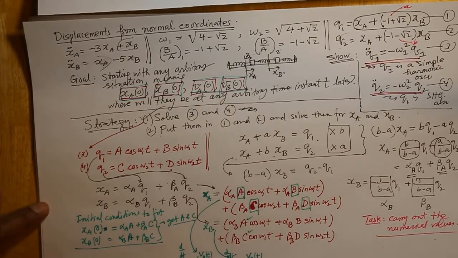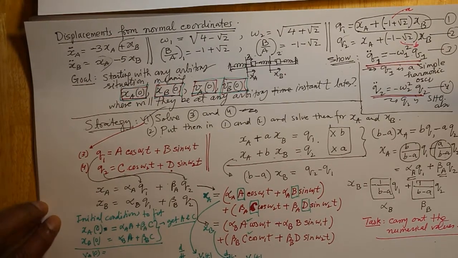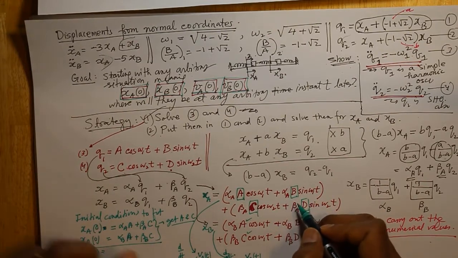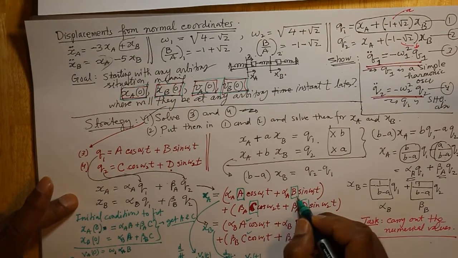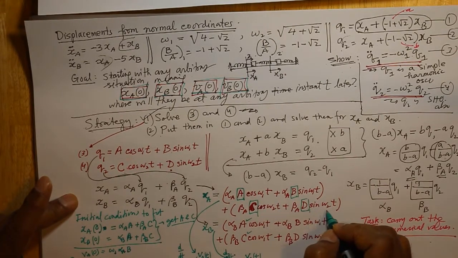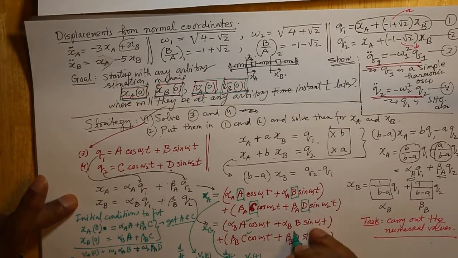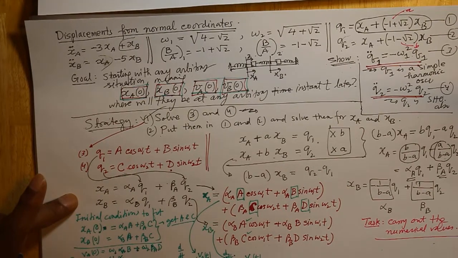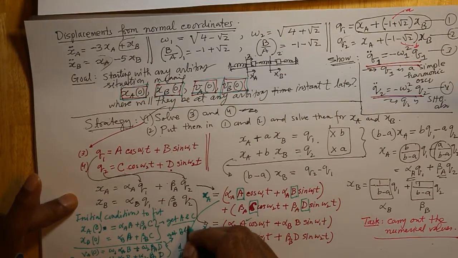Now I can use VA0 and VB0, and you will see that it's going to be omega1 alpha_a B, because the cosine terms will give 0, plus omega2 beta_a D, and this one is going to give me omega1 alpha_b B plus omega2 beta_b D, and so these will give me B and D.